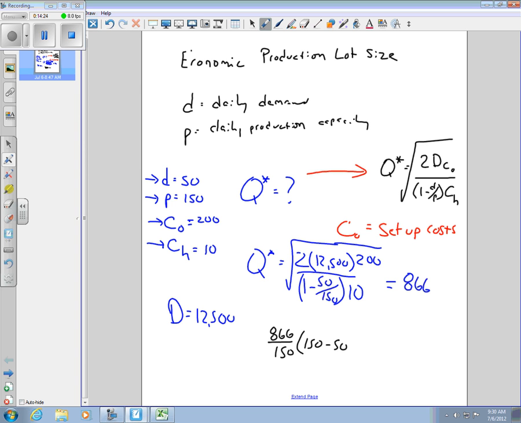So close to 6 days accumulating at a rate of 100 a day. My maximum inventory is going to be around 600. My average inventory is going to be around half that. So practice computing total cost, and I've got to shut the video off at this point.